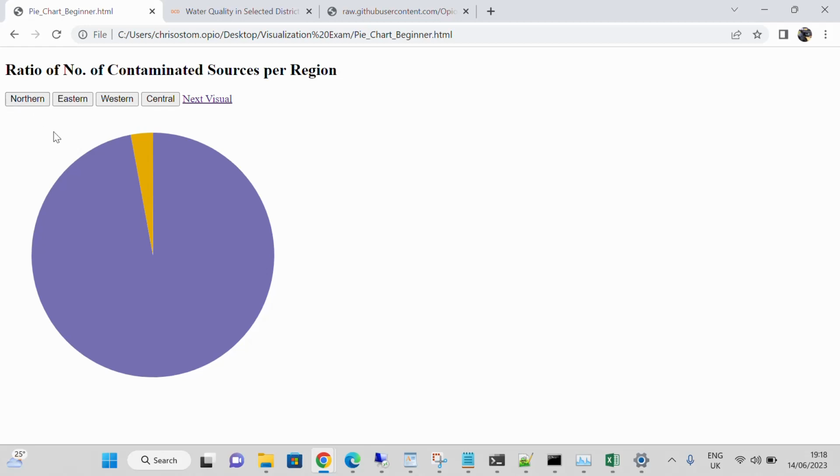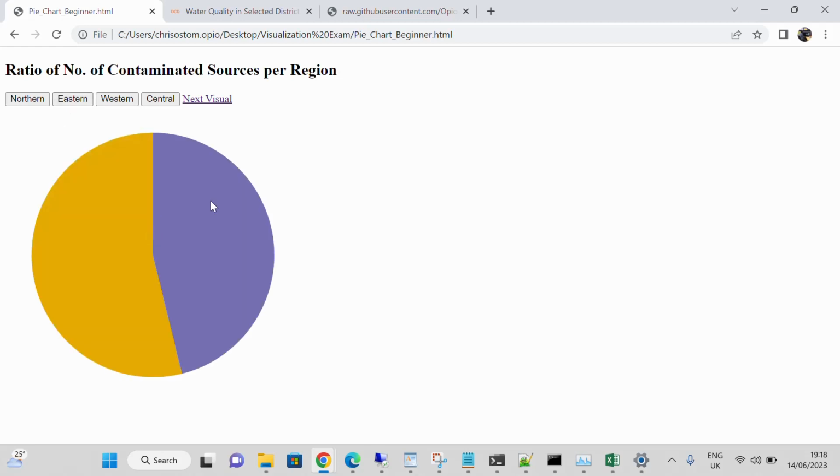So for starters, the ratio of non-contaminated sources per region. If you look at the orange color, those are the sources, the proportion contaminated, and the blue color is the proportion not contaminated. So in the north, this was the only portion that was contaminated, and the rest were normal or not contaminated.